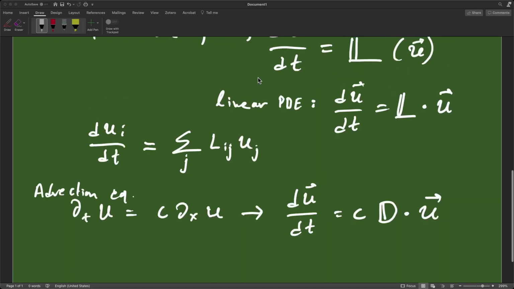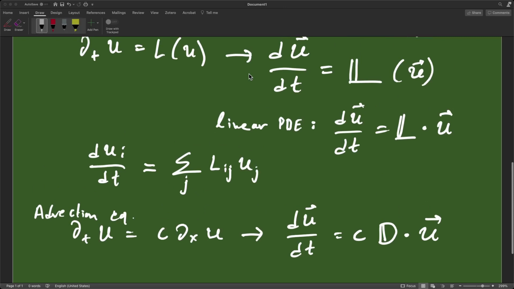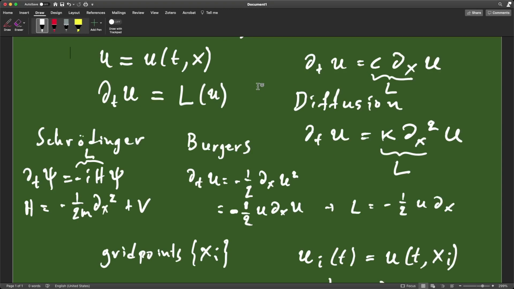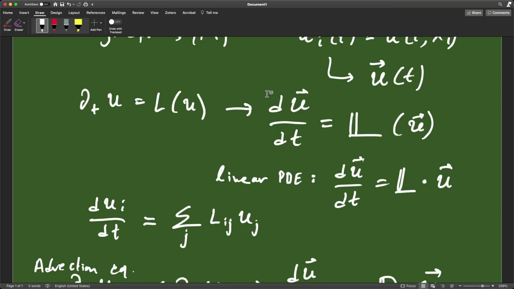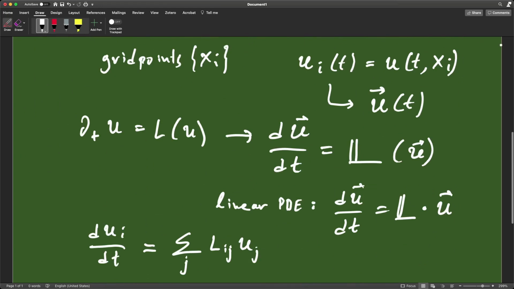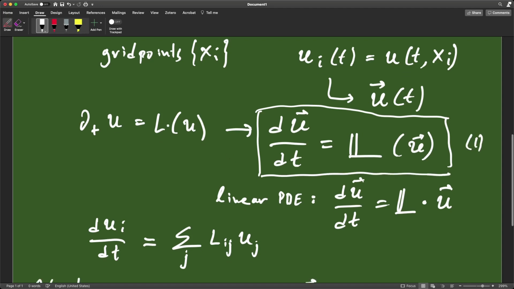So if we have an equation of this form, du by dt, let's call it equation 1.